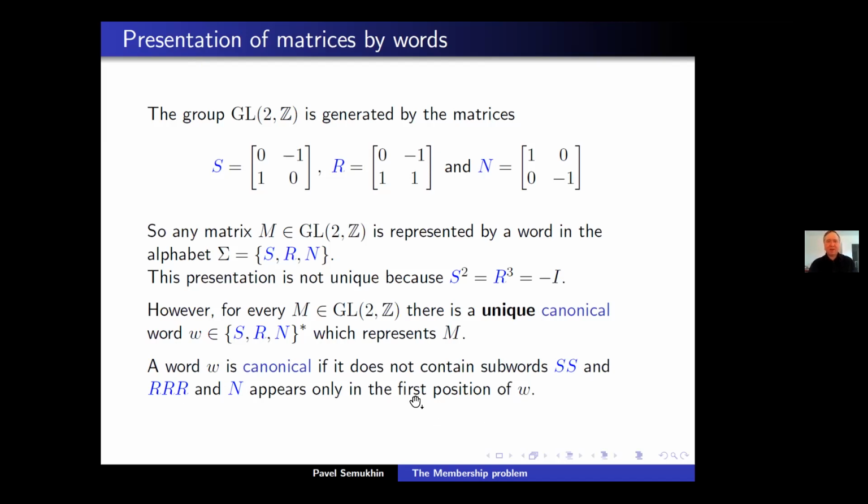It is a very well-known property of the group GL2Z that for every matrix M, there exists a unique canonical word which represents this matrix. And this property will be used in our proof.